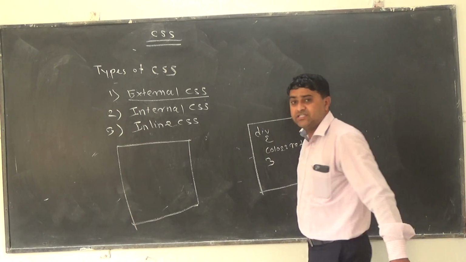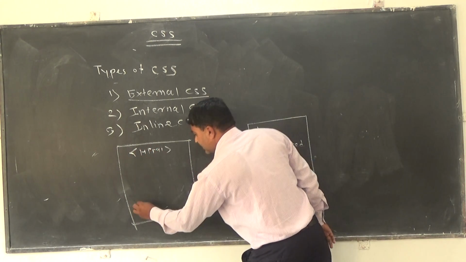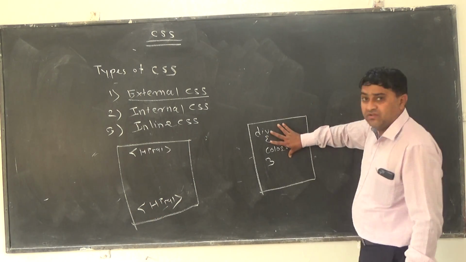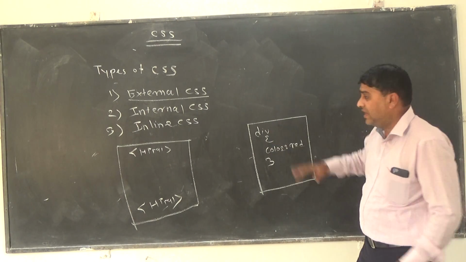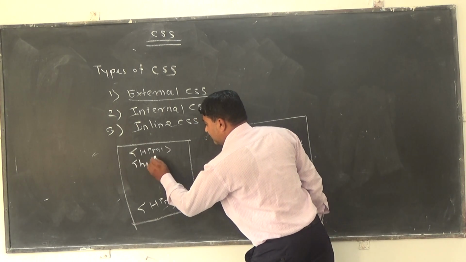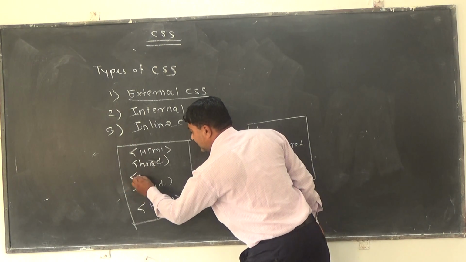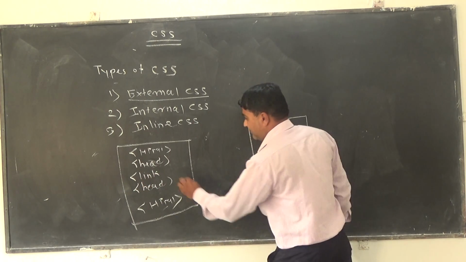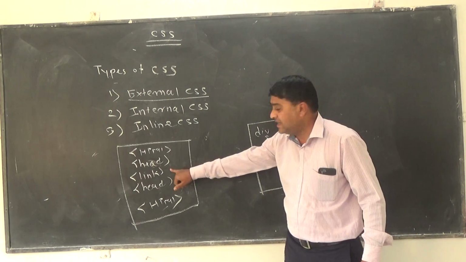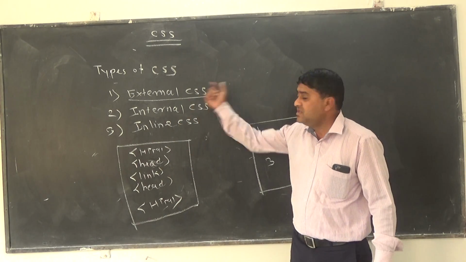This is your HTML document, which contains your HTML code, and we apply this style using the reference link element under the head section. Here we specify the link element and close the link. We give the reference of this file in the link element, and that property will be applicable to that HTML page. So this is called the external CSS.